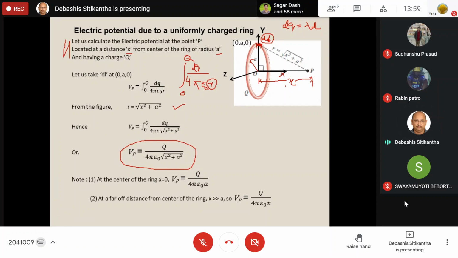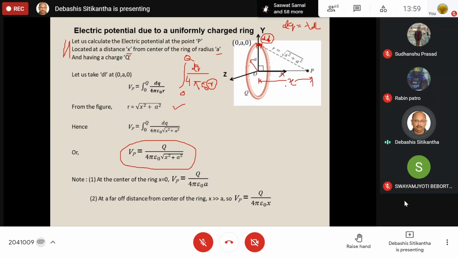Now, there are two important notes associated. One, at the center of the ring, x is equal to 0. So if that is the case, then what will be the expression for Vp? Obviously, remove that x. So I am going to get Q by 4 pi epsilon 0 into a.